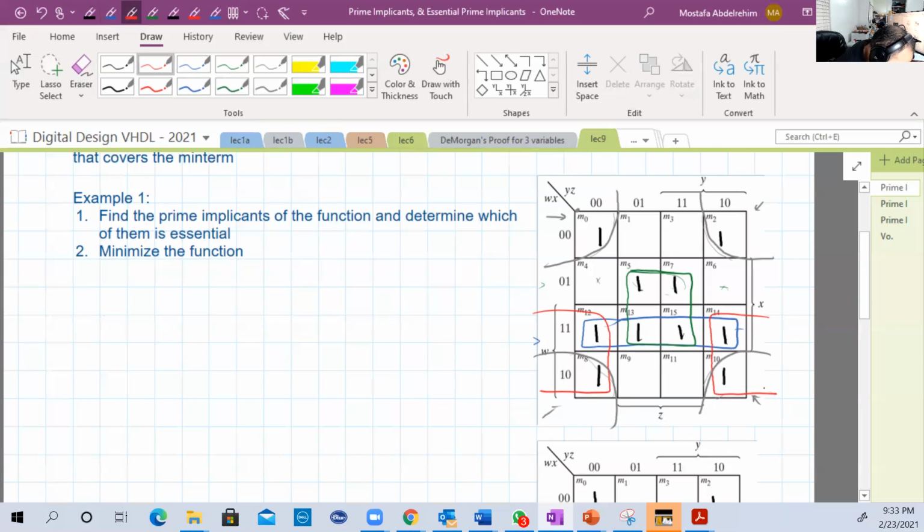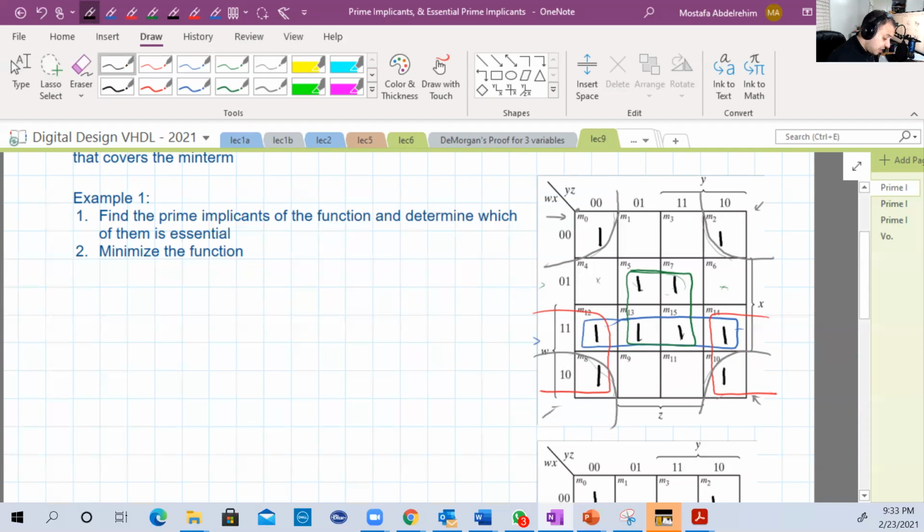Very nice. So far we have the gray prime implicant, the green prime implicant, the blue prime implicant, and the red prime implicant. Okay, let's continue. The second element in the third row belongs to the blue and the green. It can't belong to any other group.